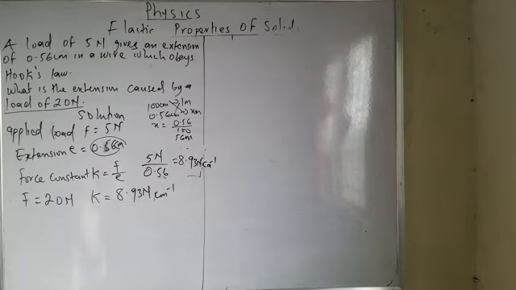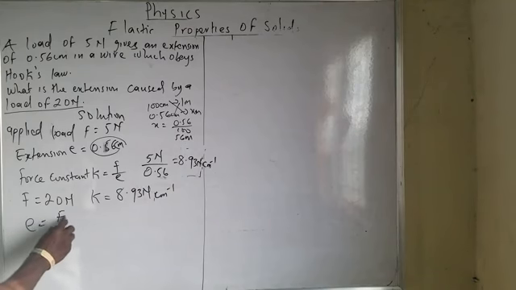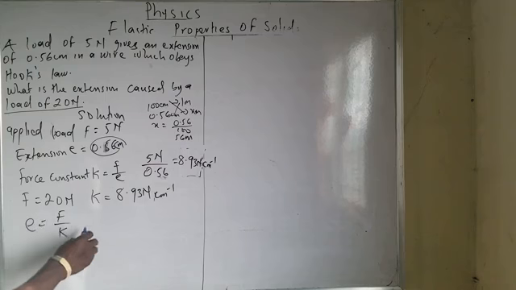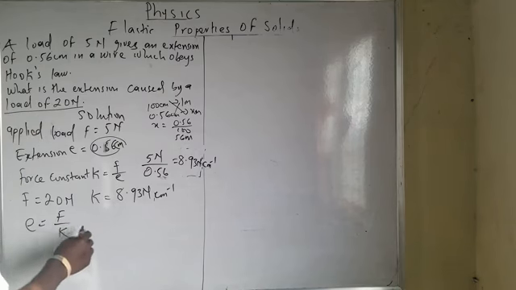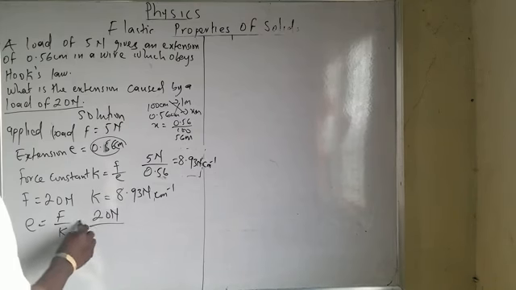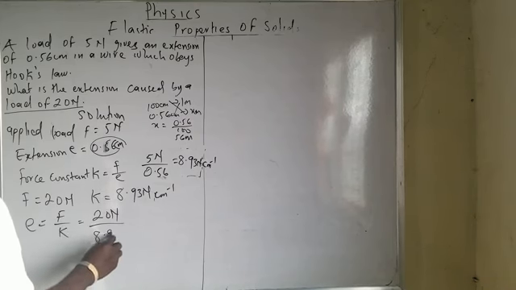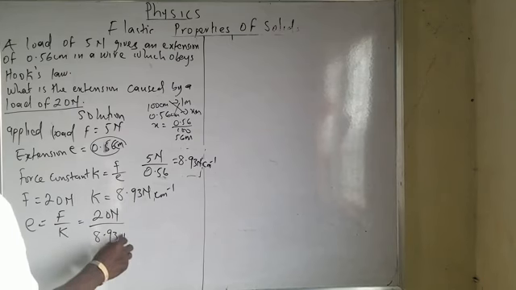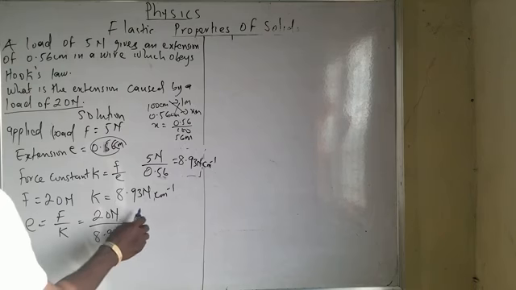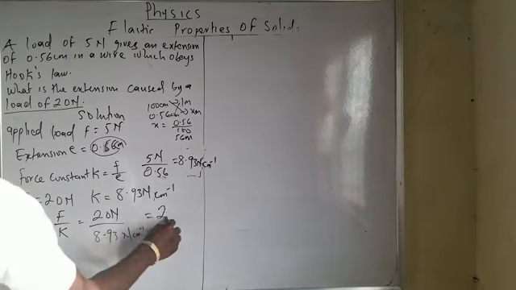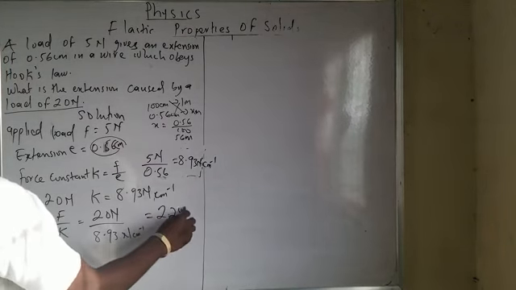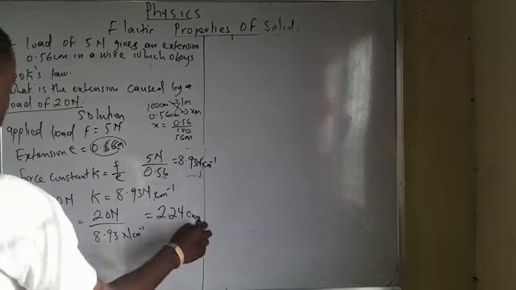Now, since I have it that way, I can say that my E equals F over K. What is my force? My force is 20 Newton divided by 8.93 Newton per centimeter. With the calculator, I get 2.24 centimeter.